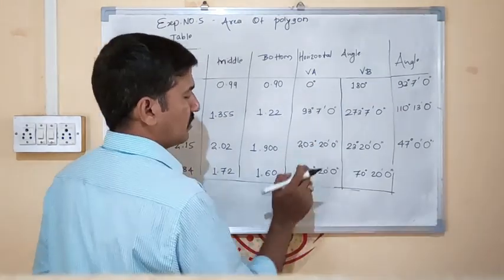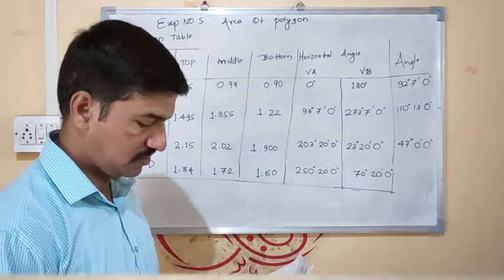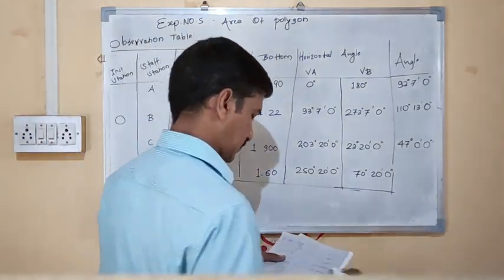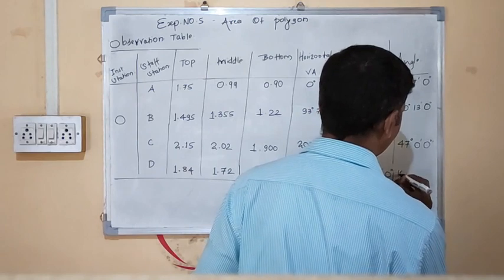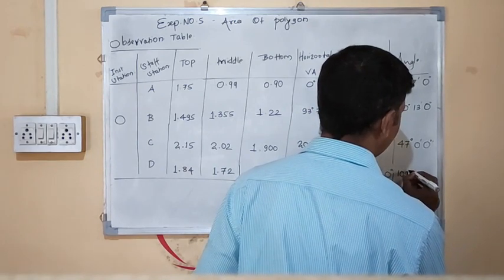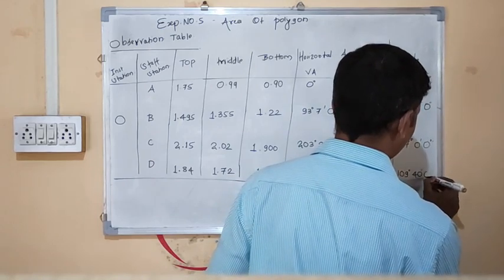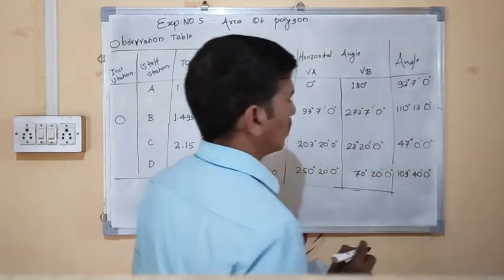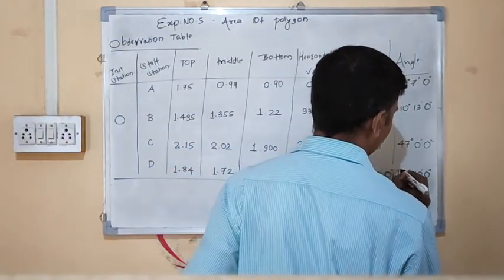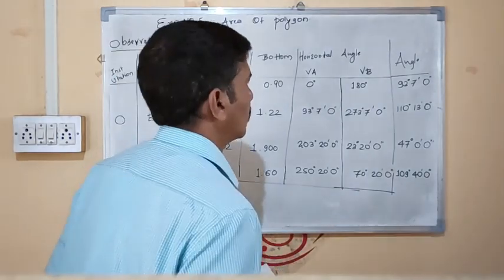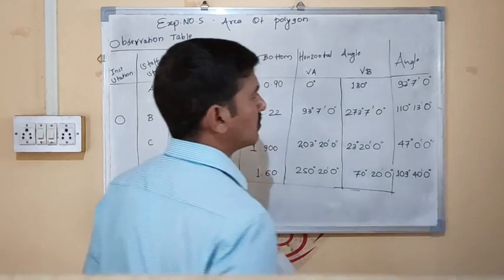So 360 minus 250, find out the angle. Here I have got 109 degrees 40 minutes 0 seconds. So this is the observation table.